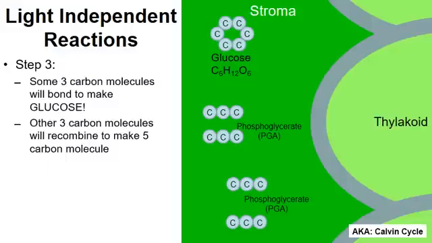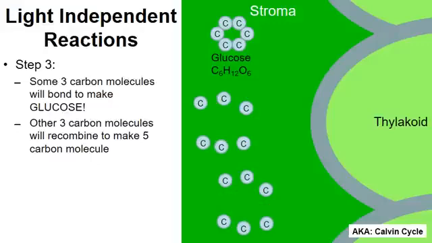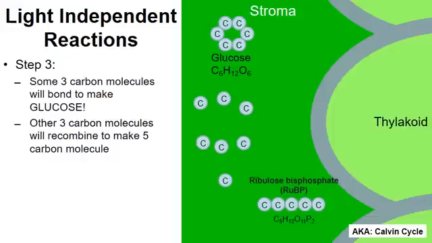They're going to be broken down with the help of ATP to keep the cycle going. When ATP breaks some of these other phosphoglycerates down, enzymes then help to build that same 5-carbon molecule we saw earlier, ribulose bisphosphate. Now we're repeating the Calvin cycle, the light-independent reactions.